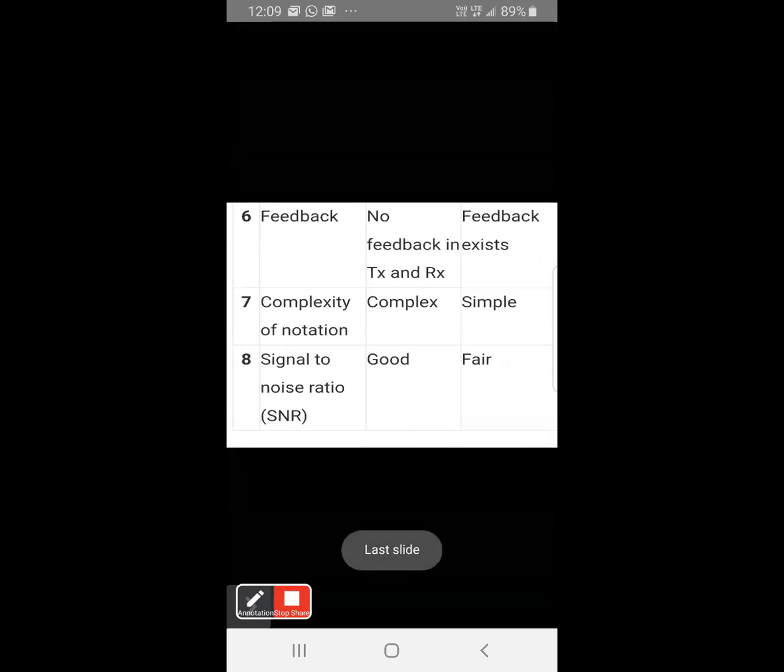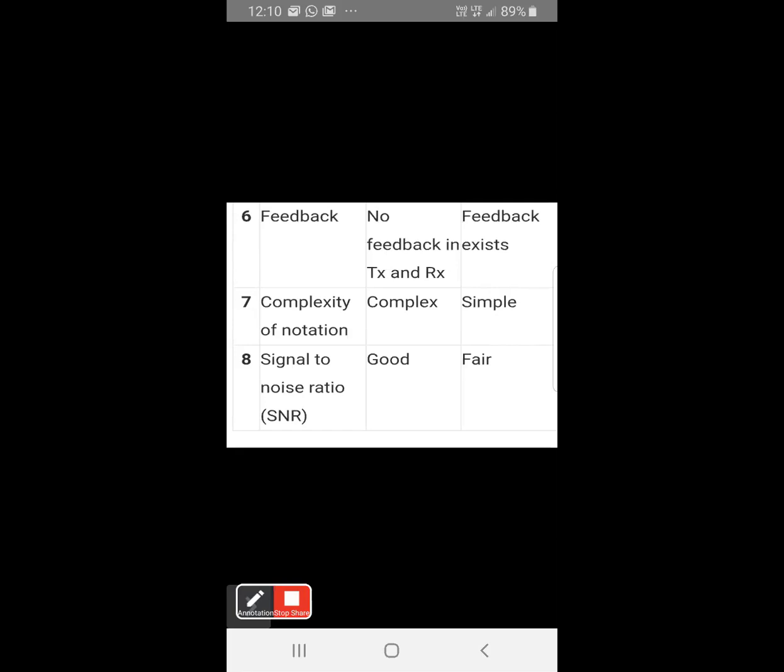Feedback here means the circuit characteristic. PCM has no feedback in the transmitter and receiver, while in DPCM feedback is obtained in the transmitting part through the prediction filters, and in the receiving part the feedback circuit is also obtained across the prediction filters. Coming to complexity, the PCM circuit is complex compared to DPCM, and the DPCM circuit is simple.